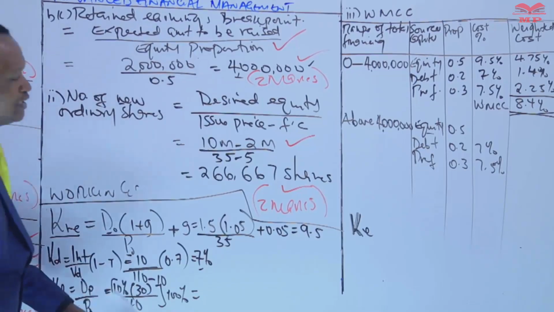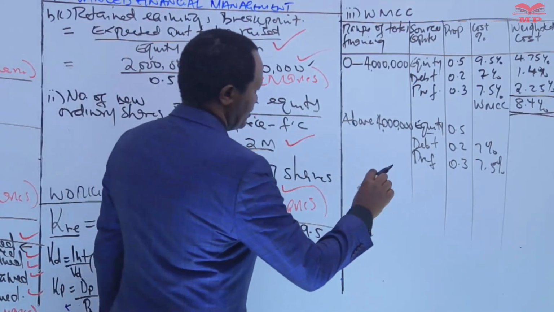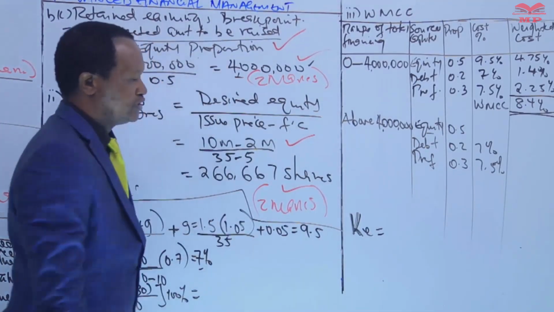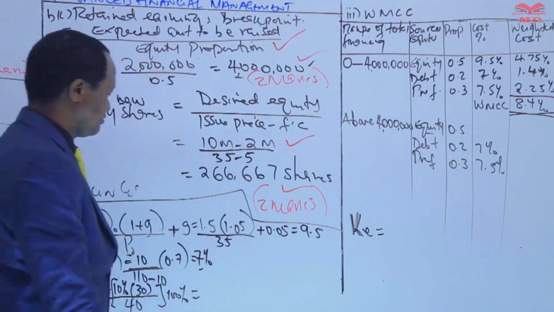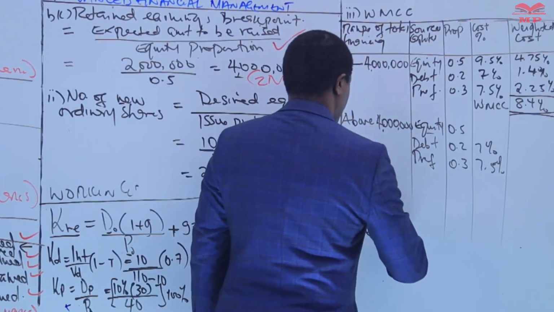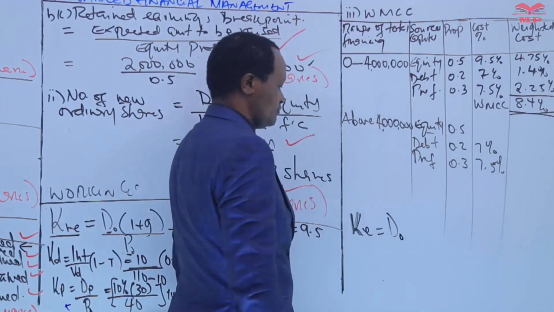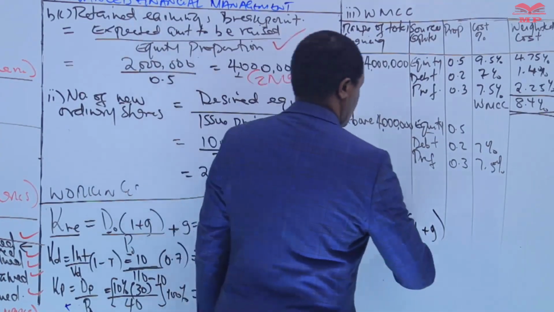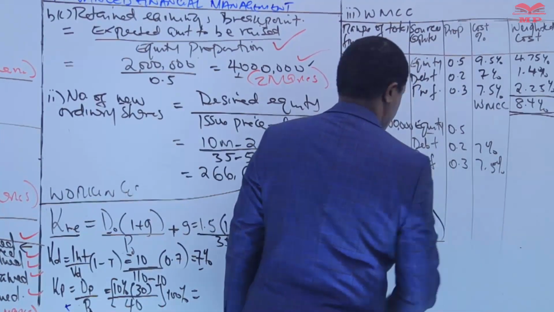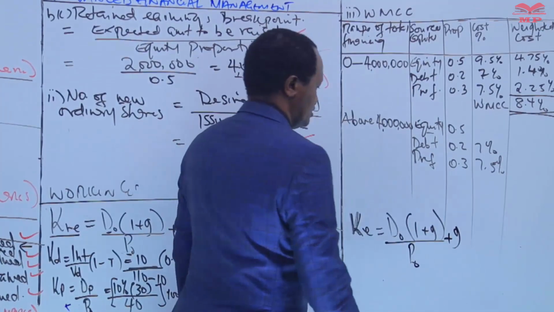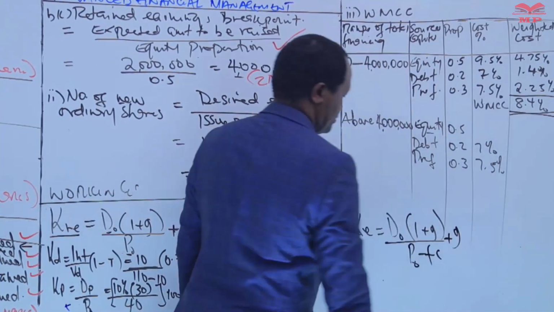And now that the company is issuing ordinary shares, the cost of these ordinary shares will not be the same as the cost of retained earnings, because the formula is D naught into 1 plus G over P naught plus G. And there is flotation cost here.